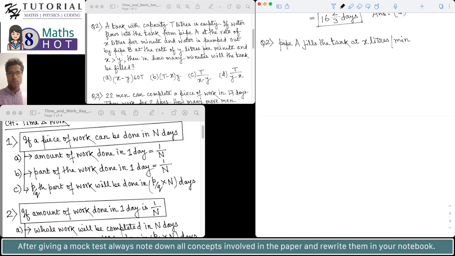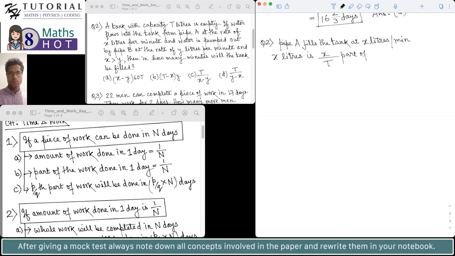Now we have to find what fraction X liters is of the total tank. The capacity of the tank is T liters. So X liters is what fraction of the total tank? X liters is, we can say, X by T part.